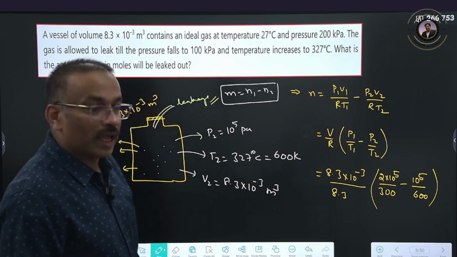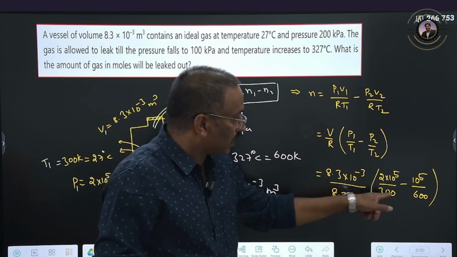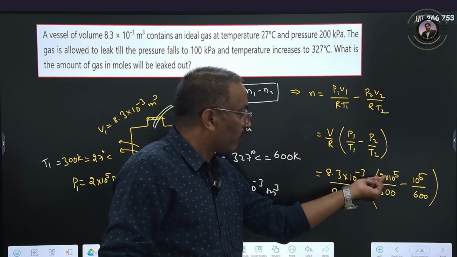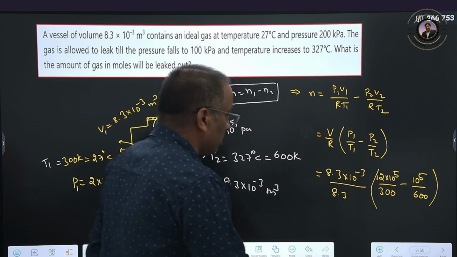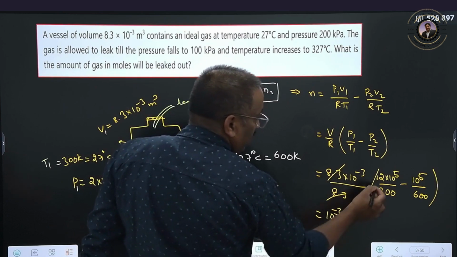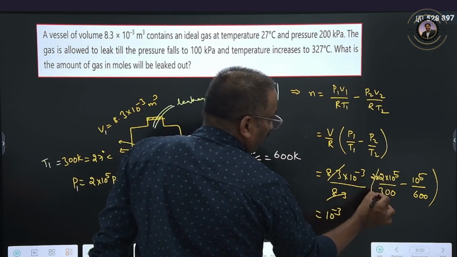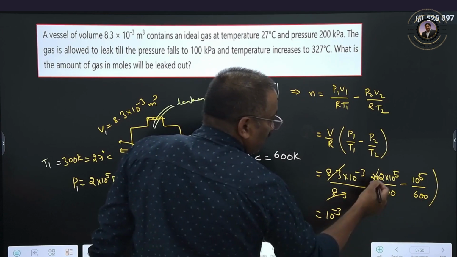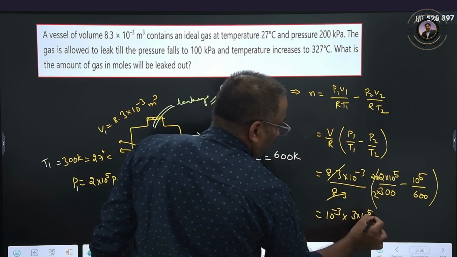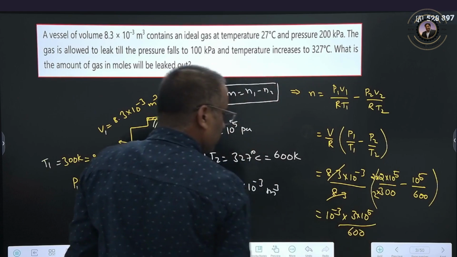I can make the denominator 600 for both by multiplying the first term by 2, so it becomes 4 over 600. The 8.3 cancels, leaving 10^-3. Then 4 minus 1 is 3, so 3 × 10^5 by 600.